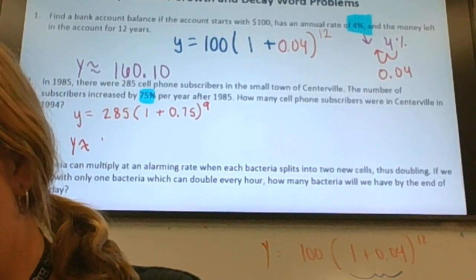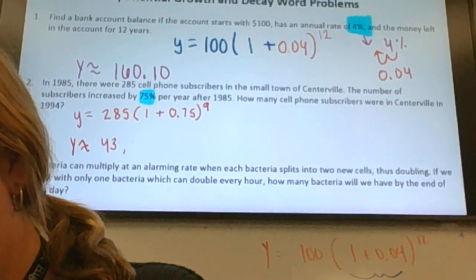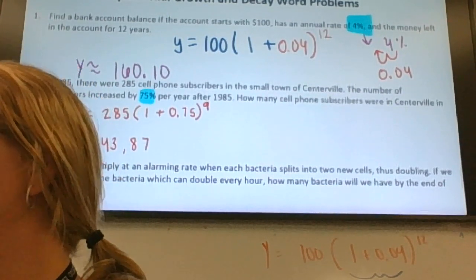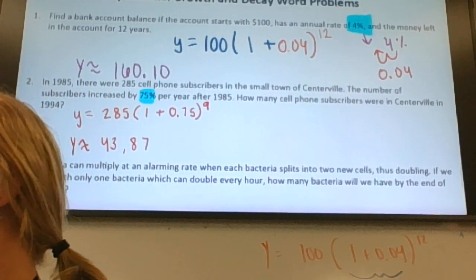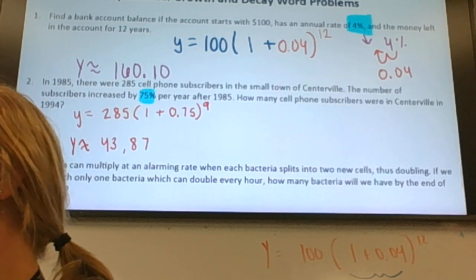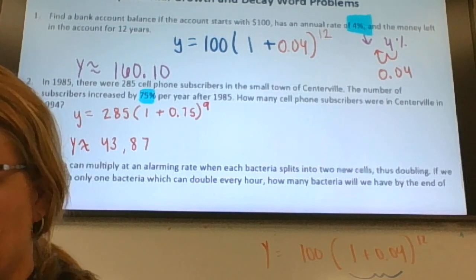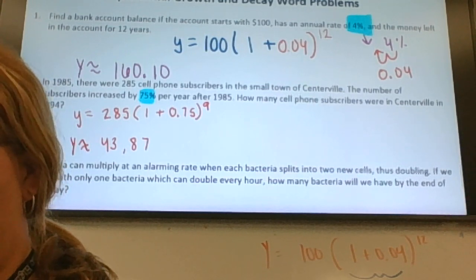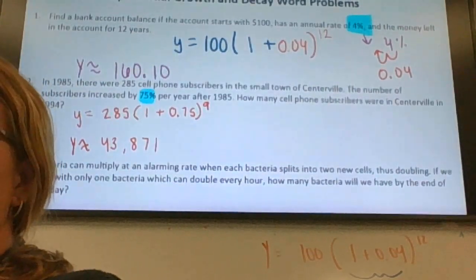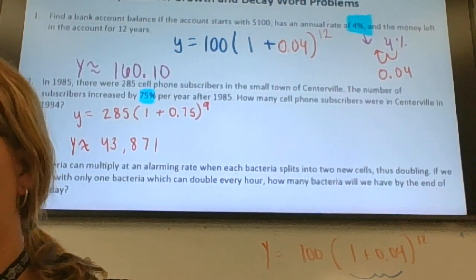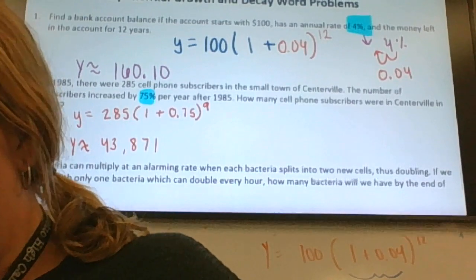I got 4.87. What's that? That's confusing, I know.